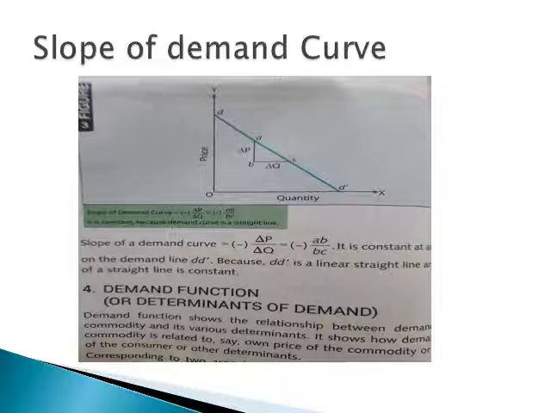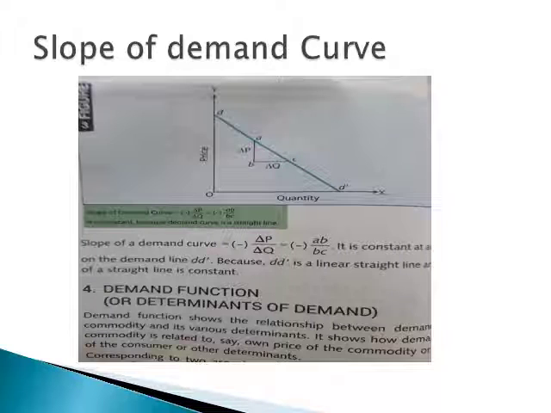Now look at the diagram. A straight line demand curve is drawn indicating a linear demand function. Here, the slope of demand curve is equal to minus ΔP upon ΔQ, that is change in price upon change in quantity.